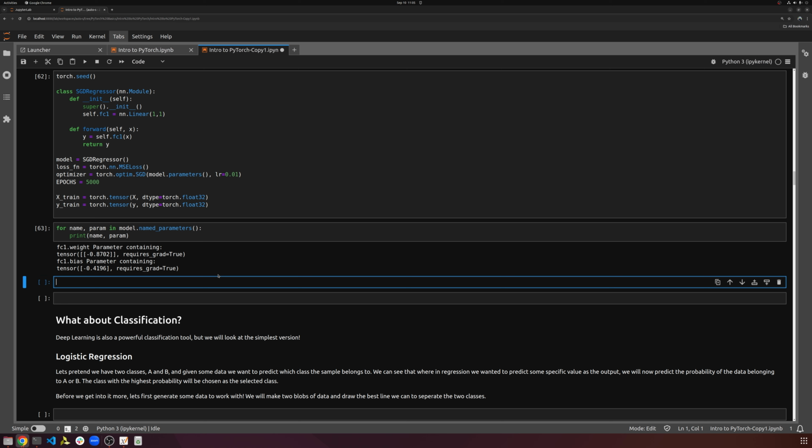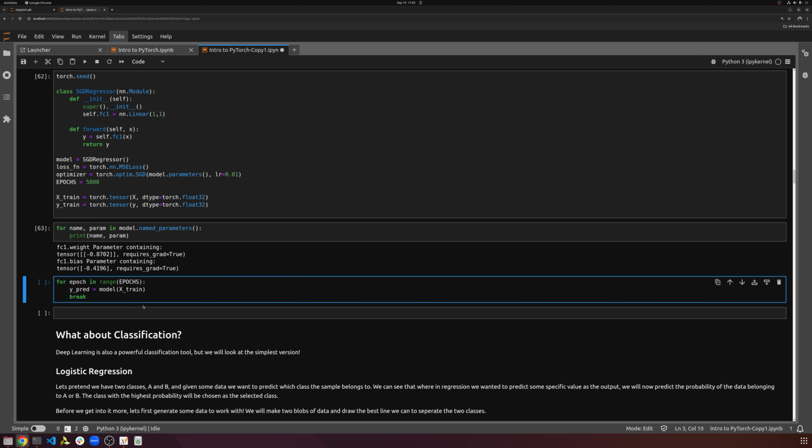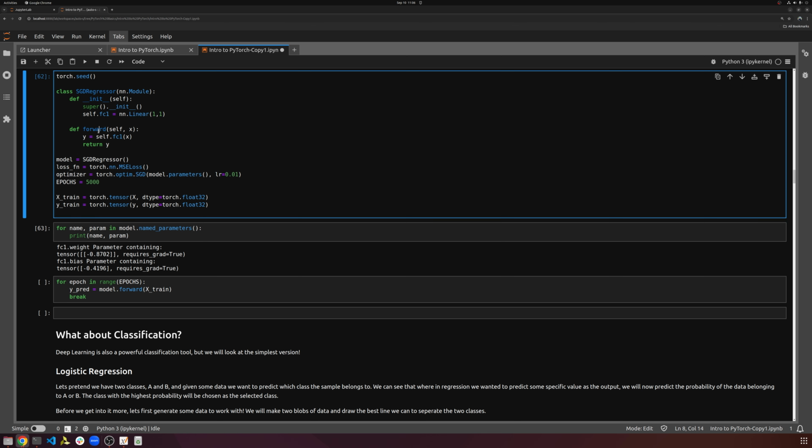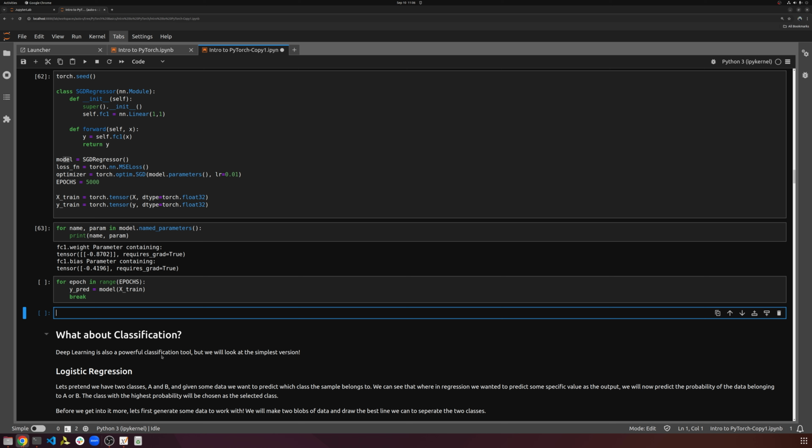So we can do for epoch in range(epochs), so we're going to do it 5,000 times. y_pred is equal to model(x_train). One cool thing about PyTorch is we can do either model.forward, calling the forward method of this class, but if you just do model(x_train), it will do it by default, because in PyTorch there's a __call__ inside the class that will automatically do it for you.